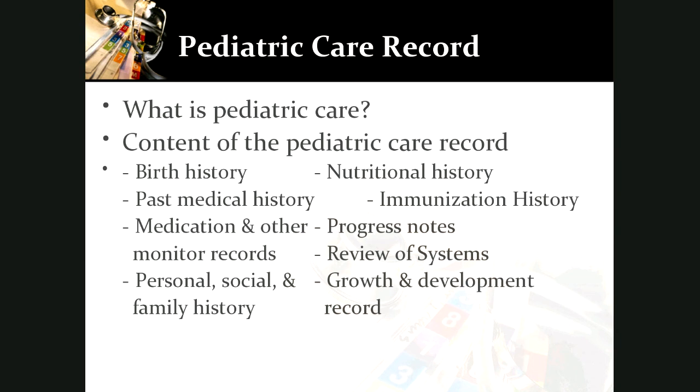The progress notes, review of systems, that go from the head to the foot. The growth and development record, so that we can see if this patient is large or obese for their age, or underweight, or in the expected range for growth and development. Next slide.